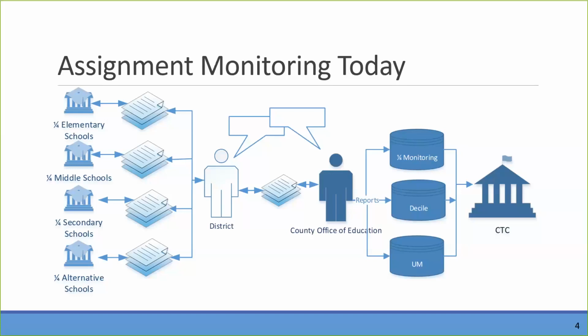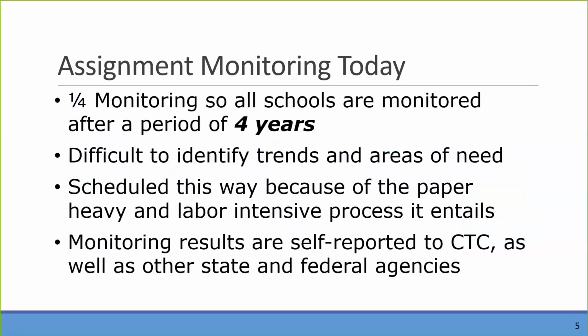So how is that going to change in the future? Well, first of all, what's wrong with assignment monitoring today? One of the things that is wrong with it today is that when we have that 4-year cycle on assignment monitoring, it's difficult to identify trends and areas of need. So one of the things that it tells us in assignment monitoring is it speaks to areas of shortage, difficulty in filling positions.